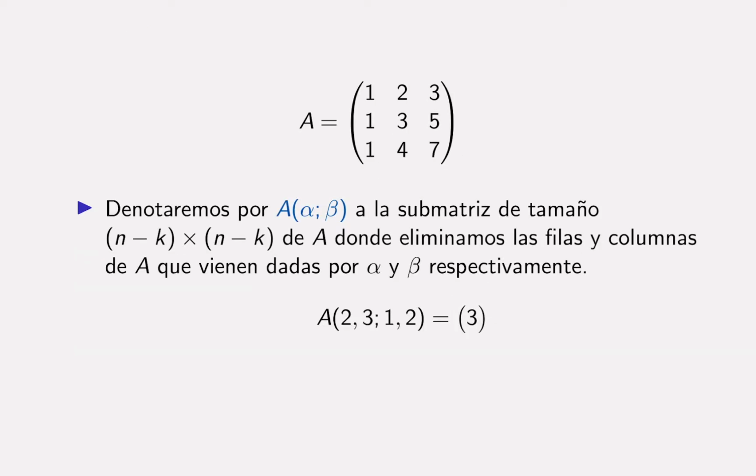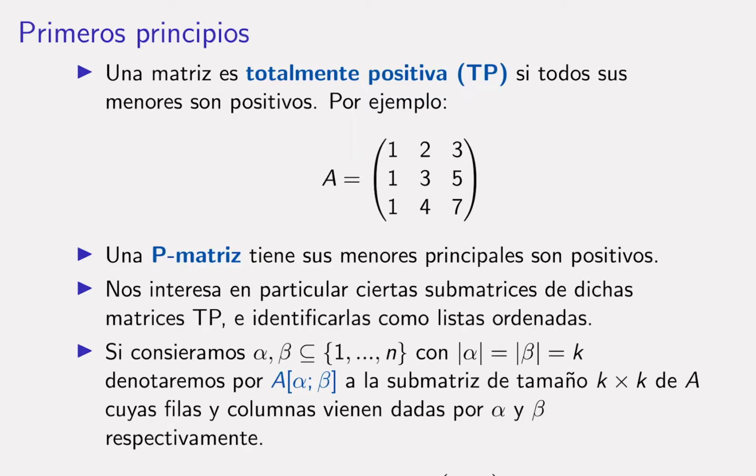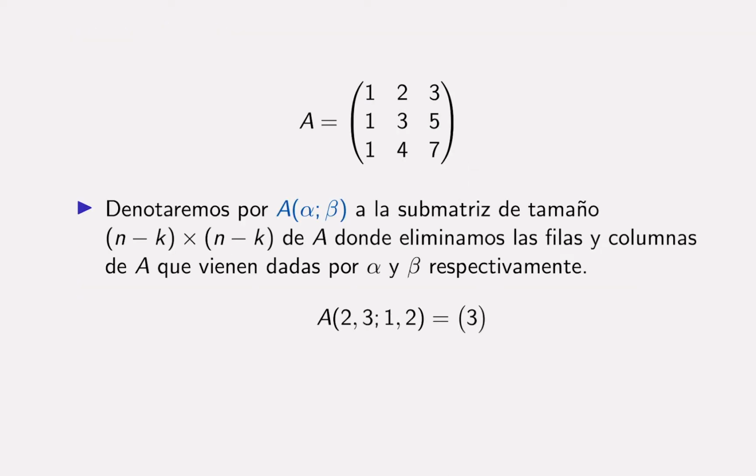We also denote A parenthesis alpha semicolon beta as the submatrix where we eliminate the rows named by the index set alpha and the columns from the set beta.